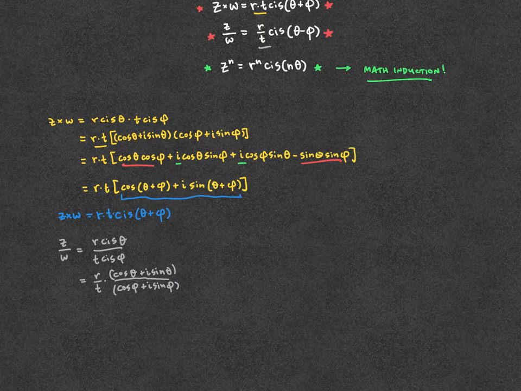Let's put that in green here. This will be cosine of phi minus I sine of phi. Okay, numerator, denominator, cosine phi minus I sine phi.